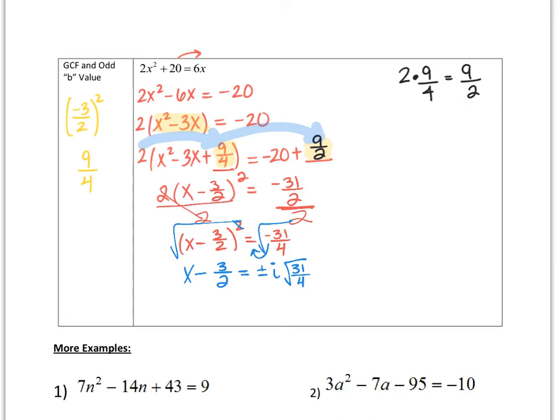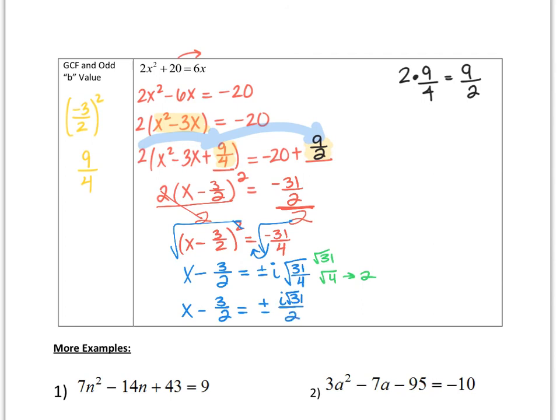Now remember, when we take the square root of a fraction, we take the square root of the top, so rad 31, and the square root of the bottom, which is rad 4. Now rad 4 can reduce to 2. So we have x minus 3/2 equals plus or minus i rad 31 all over 2.